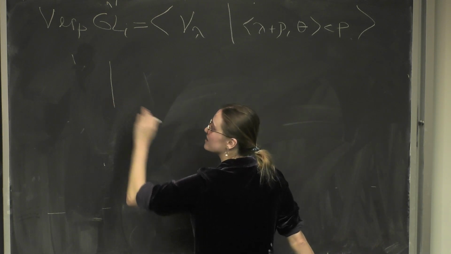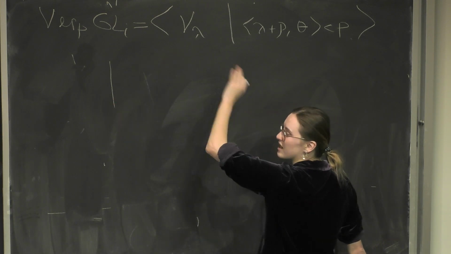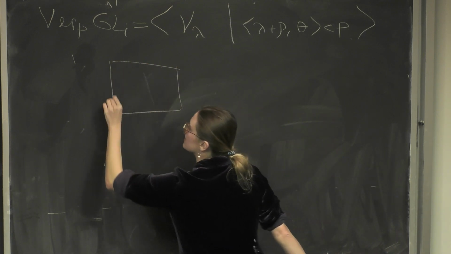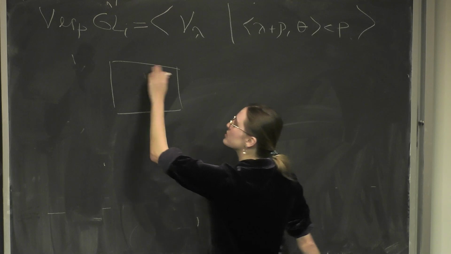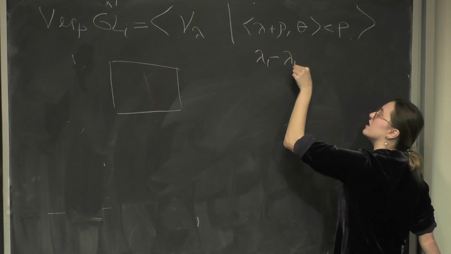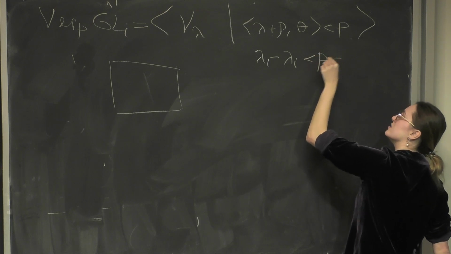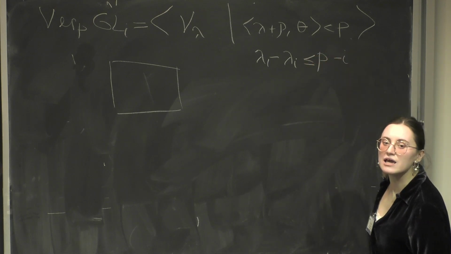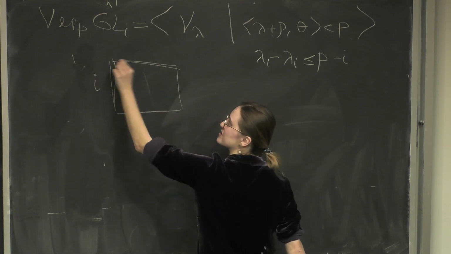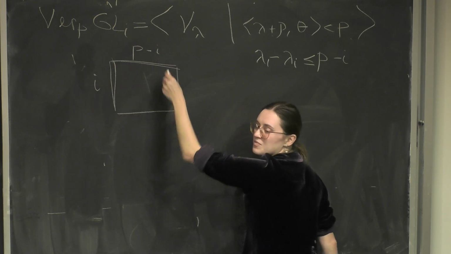In the case of SL, you were only allowed positive numbers, and then lambda would look like some Young diagram, with the condition lambda 1 minus lambda I less than or equal to P minus I. And so this would look like some box with the size I and P minus I.